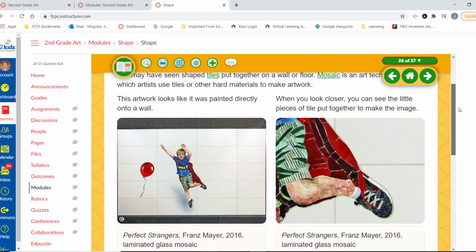And so, if you look, it might look like a painting, but each of the little areas of color here are another tile. And when you put them all together, and we're going to talk about our attendance question artist here in a moment, and we're going to look at how he did the same sort of thing.